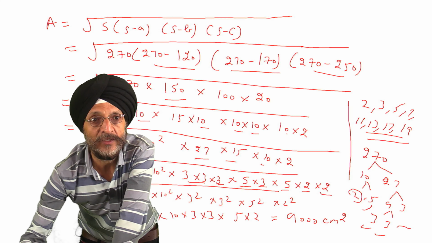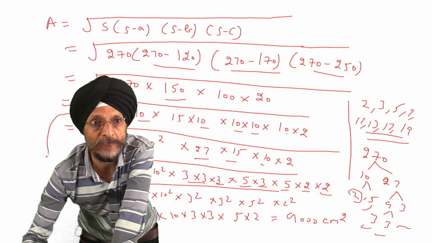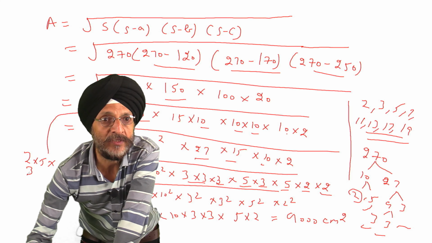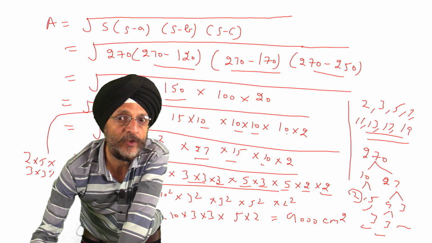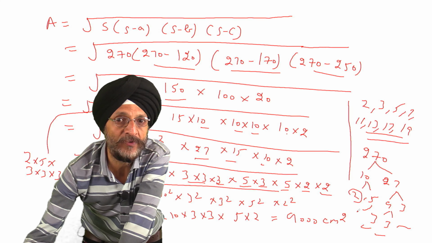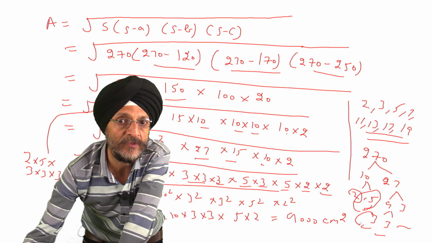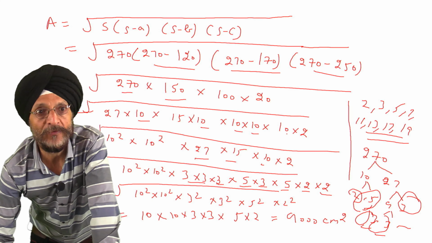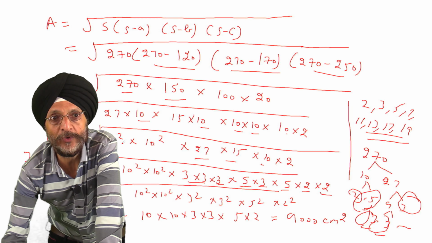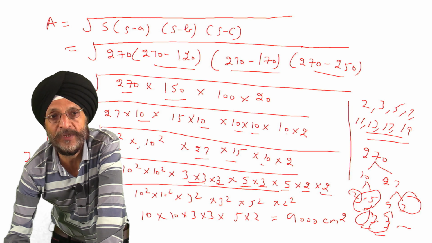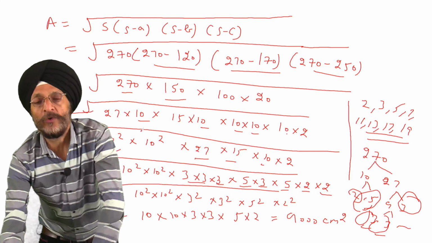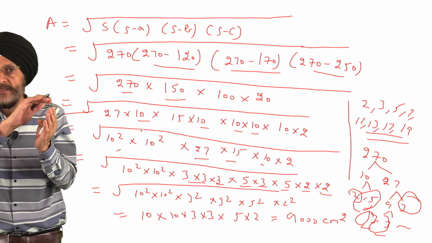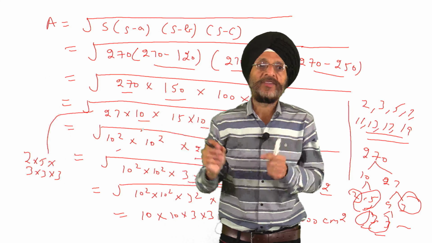From here we can write it as 2 into 5 into 3 into 3 into 3. That is, we will take these items. This is up to you whether you want to adopt this or you can do this. This has been done only with the purpose that there is ease in calculation and the numbers do not become lengthy.